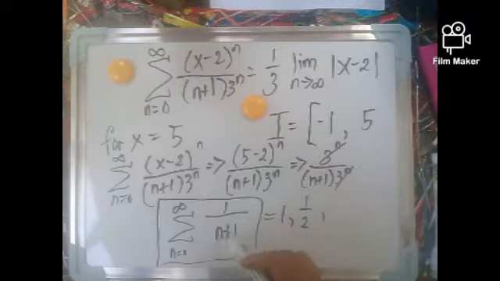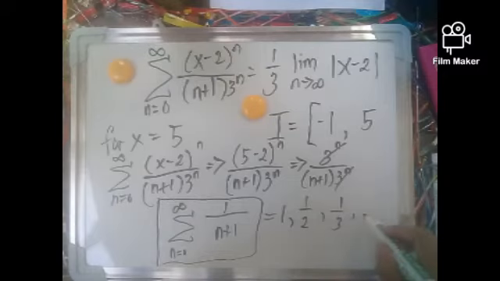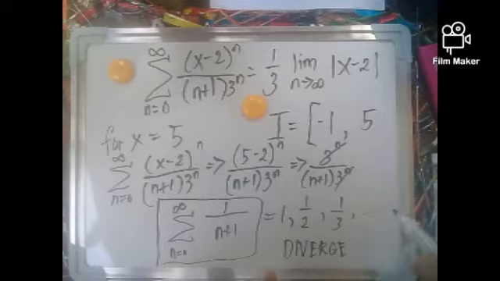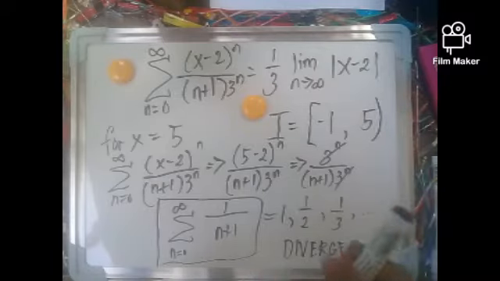We have 2 here, 2 plus 1 is 3, we have 1/3. And so on and so forth. So this series diverges. Again, if it diverges, this will have a parenthesis.